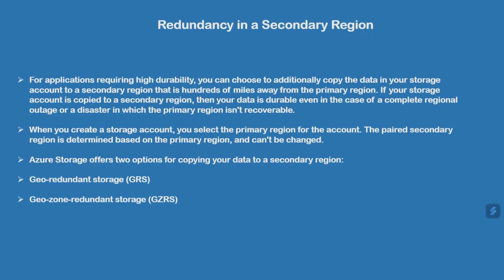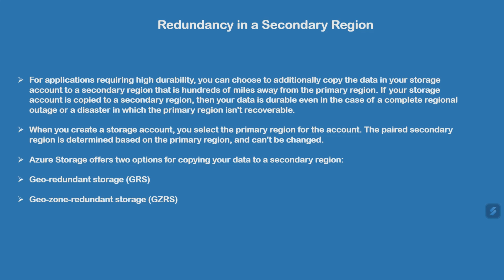So suppose a very major disaster has struck and the entire region is wiped out. Data of the entire region is wiped out. Then also your data will be secure in the secondary region. So this is what is on offer through redundancy in a secondary region. When you create a storage account, you select the primary region for the storage account.